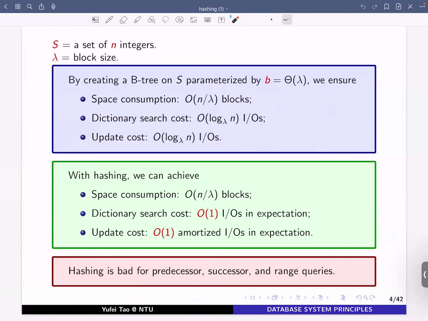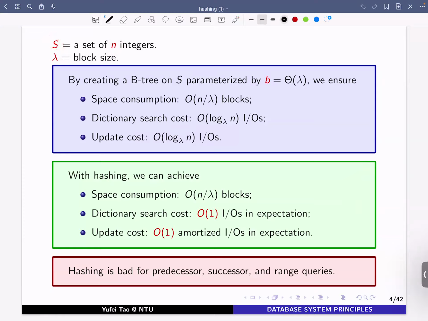So on this slide, I compare the performance guarantees you have for the B tree with those that we are going to establish using hashing. Once again, you have n elements, and as before, I use lambda to represent the block size. You have to always remember this. If this is the case, how many blocks would you need in order to store the set S?